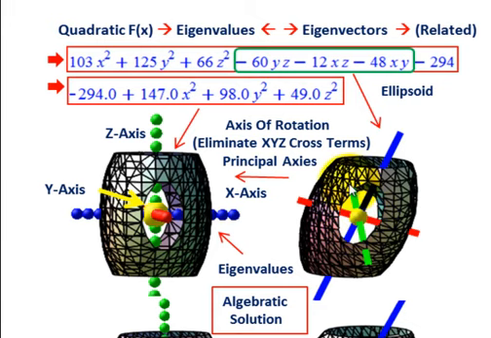But what you can see with this ellipsoid is that they are canted off at a different angle. By taking the eigenvalues and vectors, we take that function, eliminate the cross terms, and come up with a nice, clean, perpendicular, symmetric function as an ellipsoid.